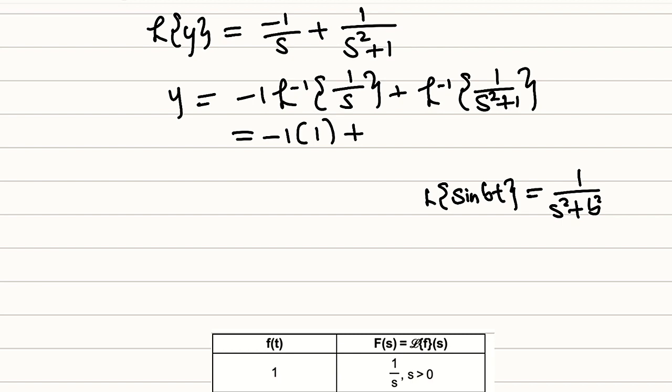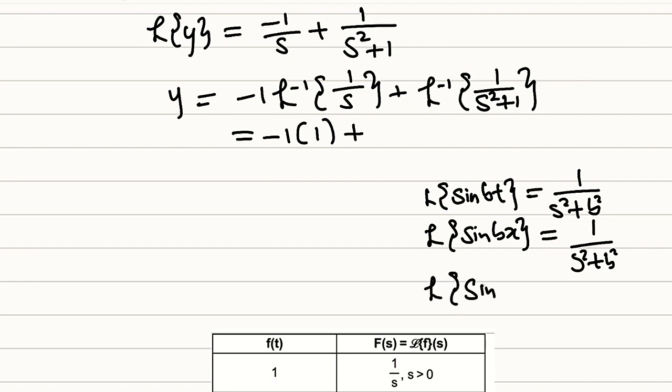The same thing if you have a function of x, the Laplace transform of sine of bx will give us 1 divided by s squared plus b squared. What if b is equal to 1? We have the Laplace transform of sine x will be equal to 1 divided by s squared plus 1 squared, which is 1.